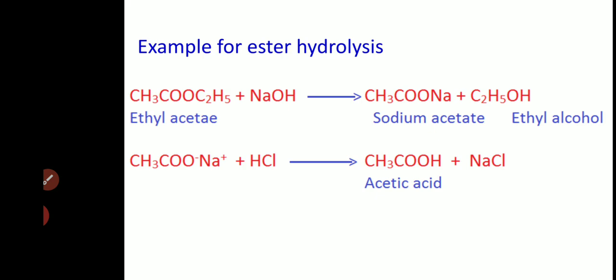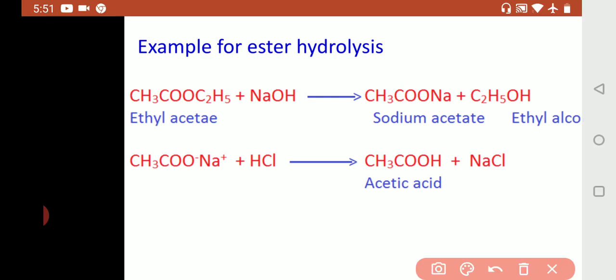So salts are present as plus and minus ions, ionic compounds, no? Salts like NaCl, Na plus and Cl minus. In the same manner, CH3COONa, sodium acetate, is also present as CH3COO minus and Na plus. It will react with a mineral acid HCl, and Na plus and Cl minus from HCl will combine to form NaCl, and this CH3COO minus will capture the H plus from the acid to form CH3COOH, acetic acid.